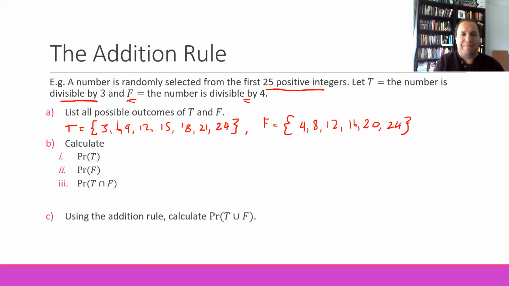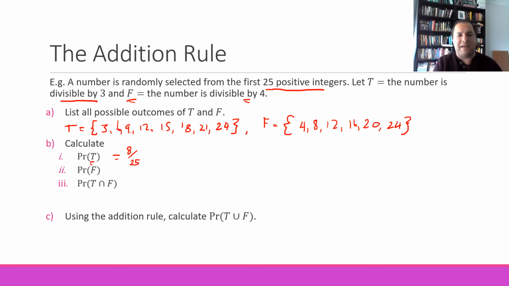All up to 25. Now, we're randomly selecting a number. So let's find the probability that our number is divisible by 3, or in our set here. Looking at T, we've got 1, 2, 3, 4, 5, 6, 7, 8. We've got 8 numbers that are divisible by 3.